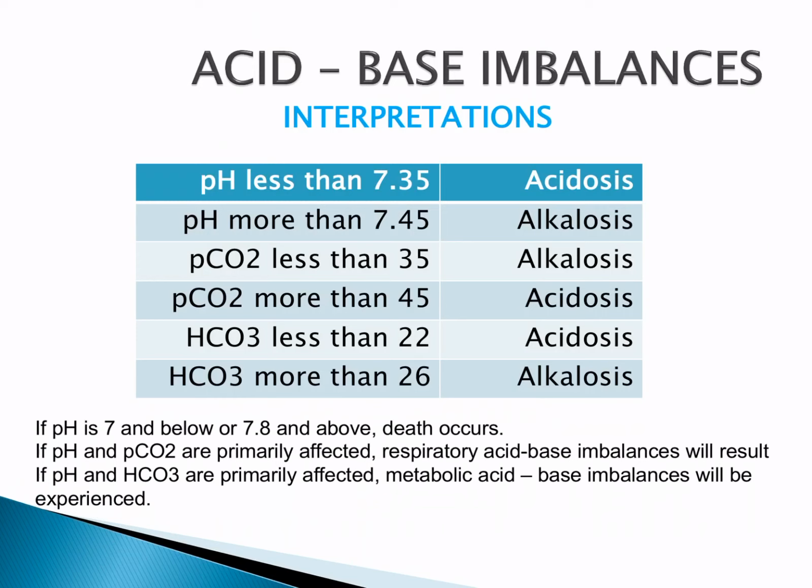So if pH and PCO2 are primarily affected, respiratory acid-base imbalances will result. If pH and HCO3 are primarily affected, metabolic acid-base imbalances will be experienced. We'll be discussing more of respiratory and metabolic imbalances in the following slides.